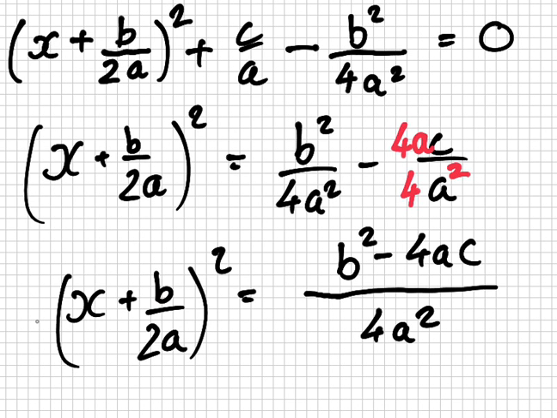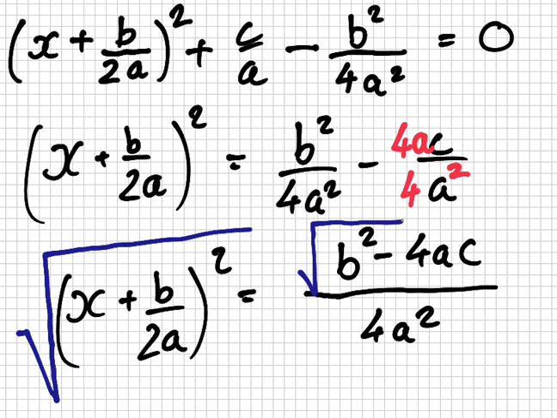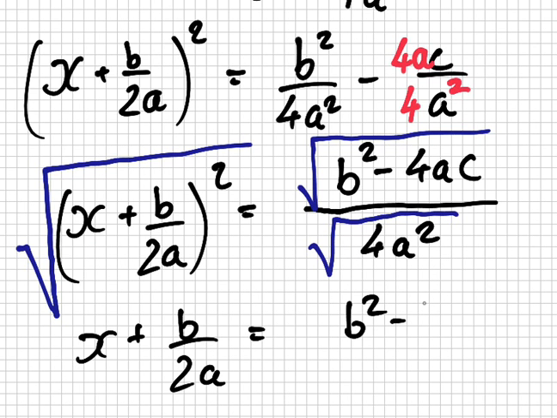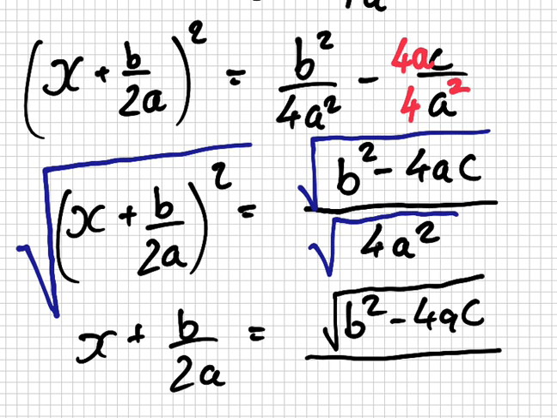So, square root now both sides. And I'll end up with x plus b over 2a equals b squared minus 4ac with a square root around it, all over. Now this is nice because square root of 4 is 2 and square root of a squared is a.